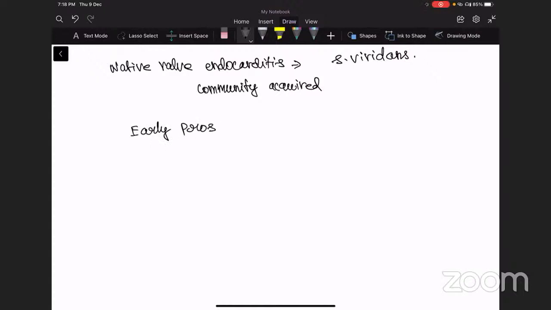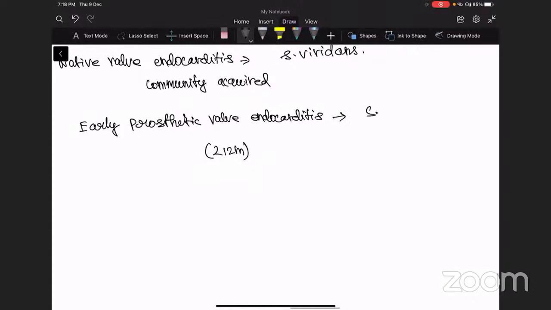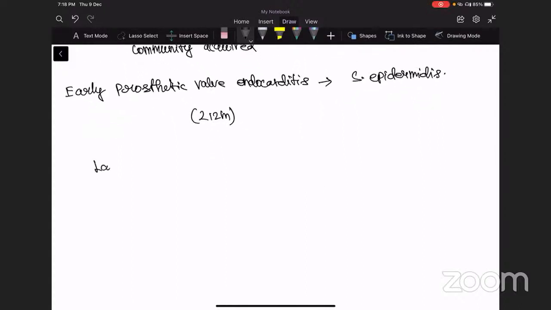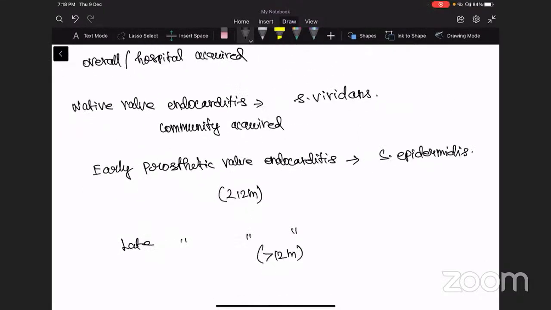Early prosthetic valve endocarditis, that is less than 12 months, is staph epidermidis, whereas late prosthetic valve endocarditis, more than 12 months, is strep viridans.